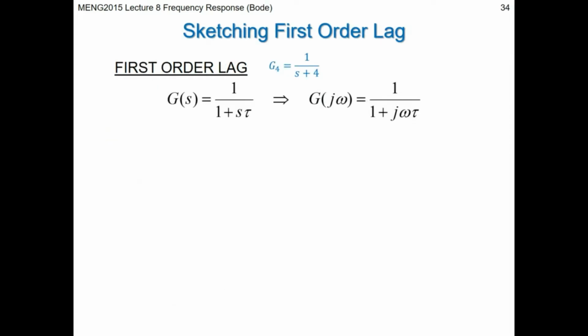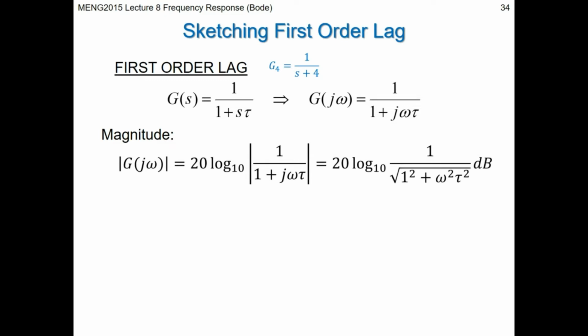Okay, let's move on to our next factor. This factor is our first order lag. Now we actually have a real part as well as an imaginary part on the denominator of this factor when we convert it from the S domain to the frequency domain. Let's take the magnitude of it using the same rules as before.